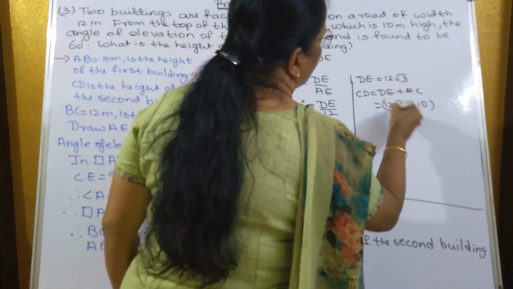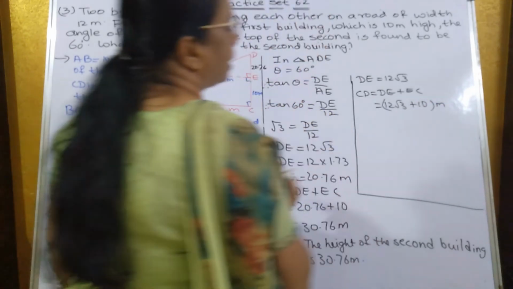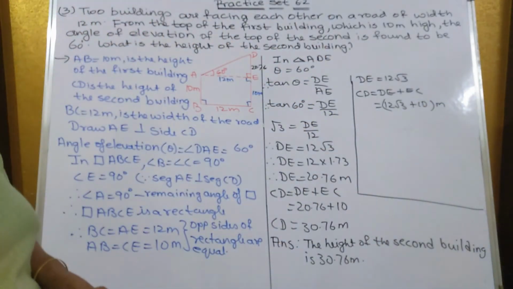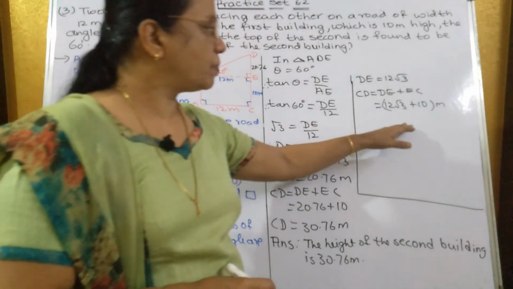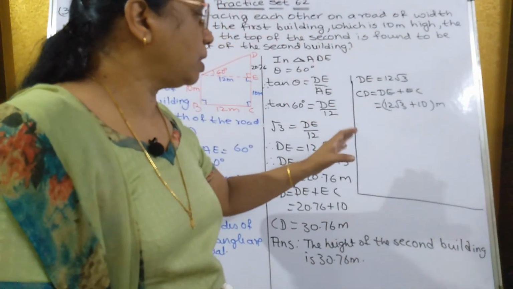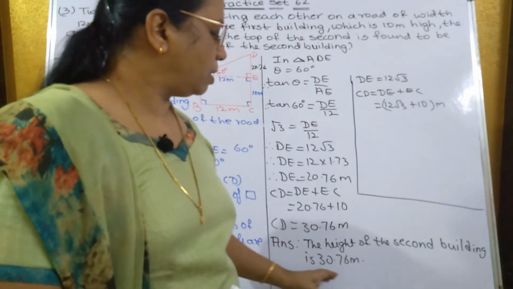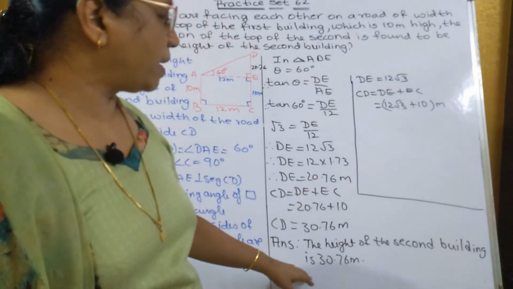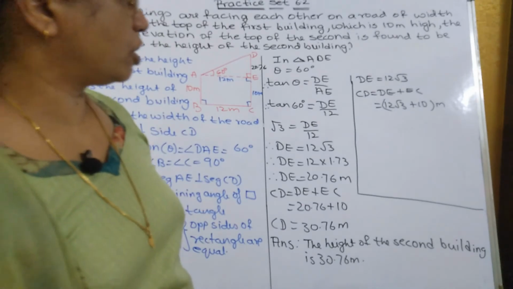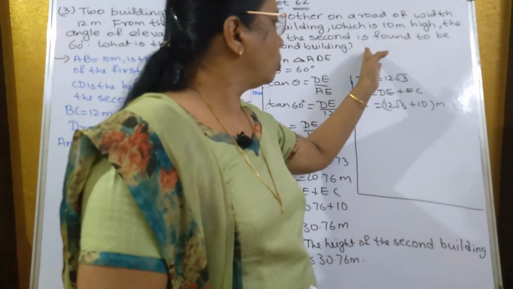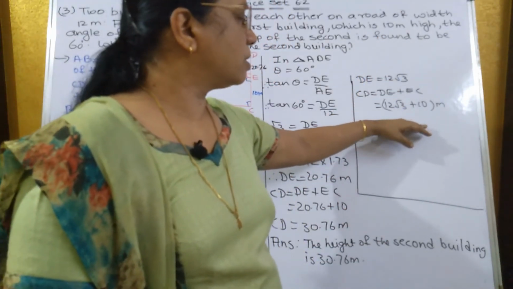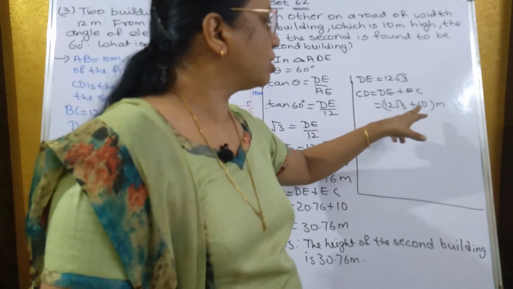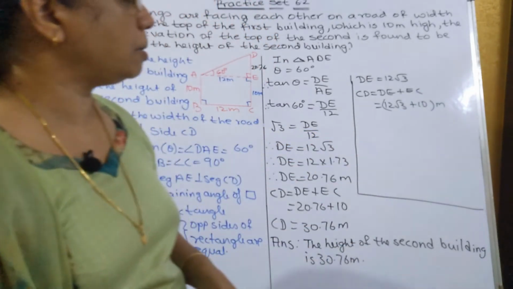So the height of the second building is 10 plus 12 root 3. So you can keep it this way if root 3 value is not given. But if root 3 value is given, then you have to put the value of root 3 and then find out the actual calculation of that. So in this sum, root 3 was not given. So you can keep the answer this way. The height of the second building is 10 plus 12 root 3 meter.